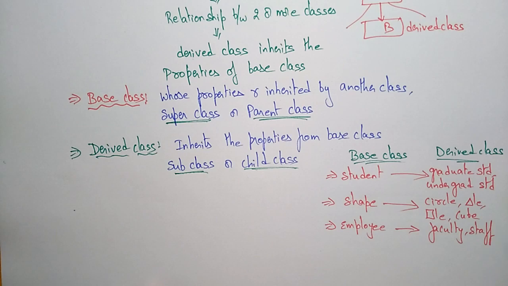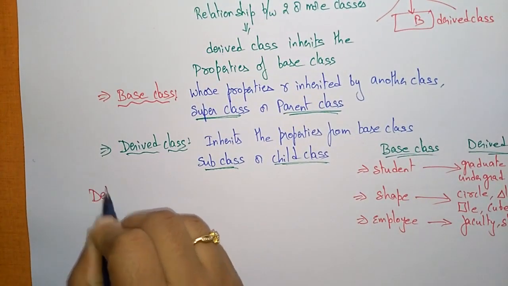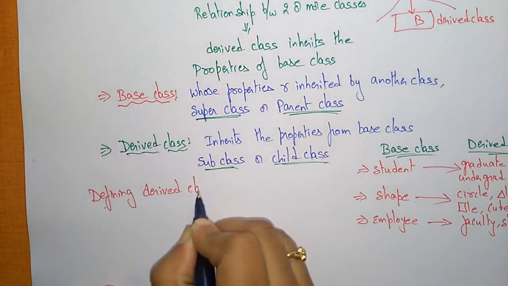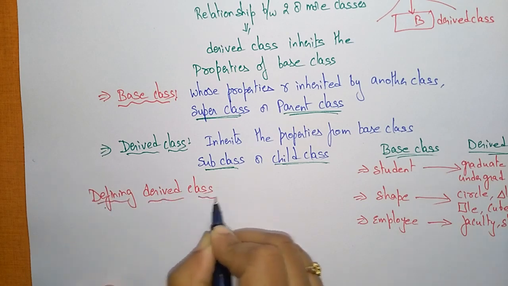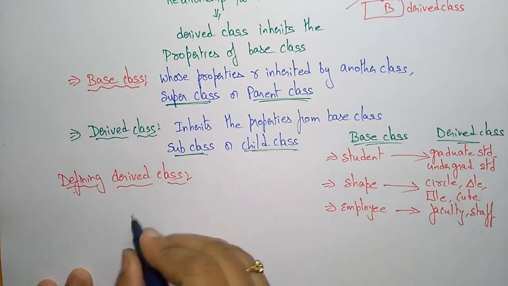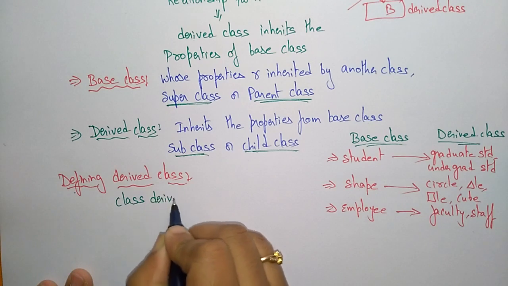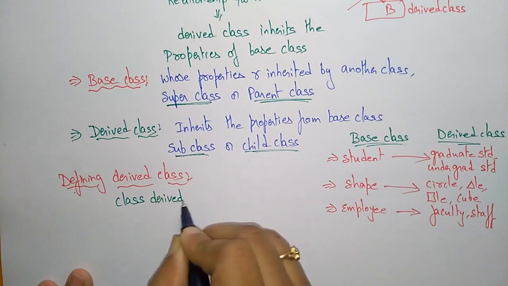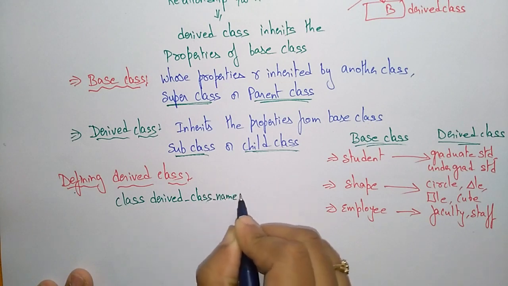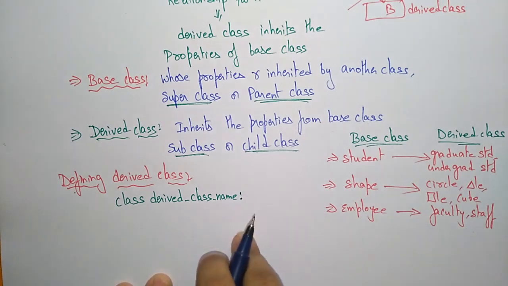Now let us see defining a derived class. What is the syntax for defining the derived class? You write class, then the derived class name, then a colon, which means inheriting the properties.